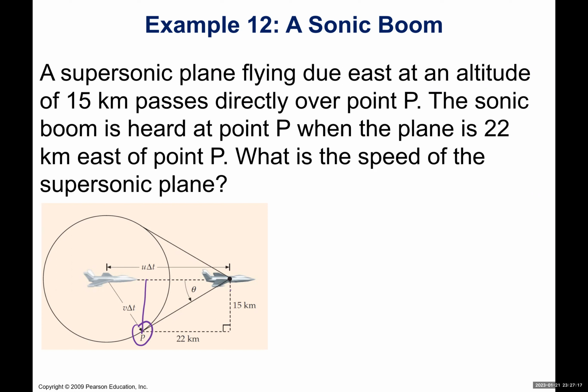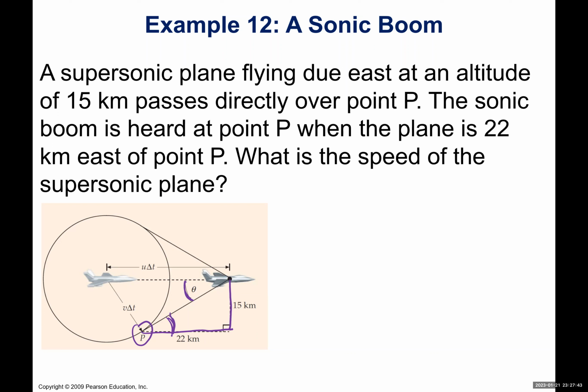And we're also told that you hear the sound when the plane travels 22 kilometers east from that point, which we can represent in terms of a triangle like this. And angle theta, which is the same as this one over here, can be calculated using the values of the distances that we're given right now.